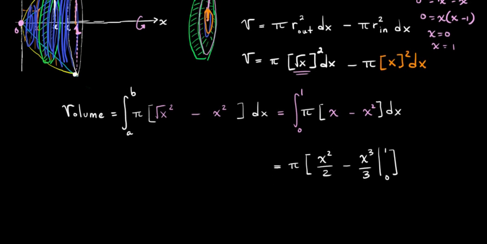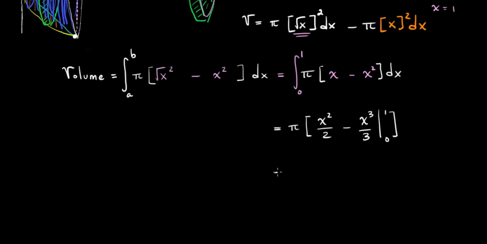And if you use the fundamental theorem of calculus here, you will have pi. We plug in a 1, we're going to have 1 squared is just 1 over 2, minus, if you plug in a 1 here, you'll have 1/3. So you'll have 1/2 minus 1/3. And now I got to plug in the 0. But notice if you plug in 0, you're just going to end up with 0 over 2, which is just 0, minus 0 over 3, which is also just 0.